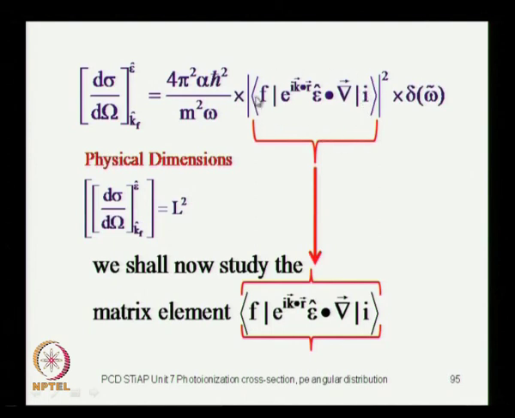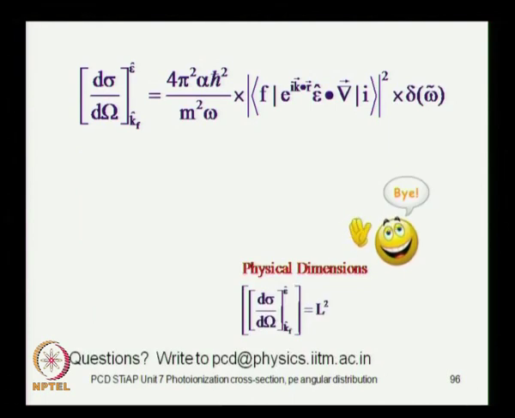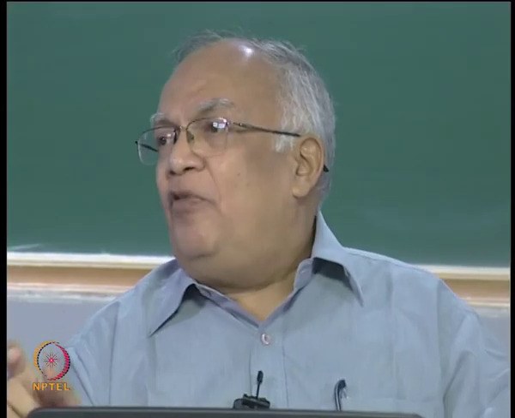And notice that this matrix element has got the gradient operator, it is the momentum operator, and then this form of the matrix element is sometimes called the momentum form of the matrix element, but then you can also get what is called the length form of the matrix element. So, some of these details I will discuss in the next class. We will discuss the length form and the momentum form of the matrix elements and the oscillator strength sum rules and so on.